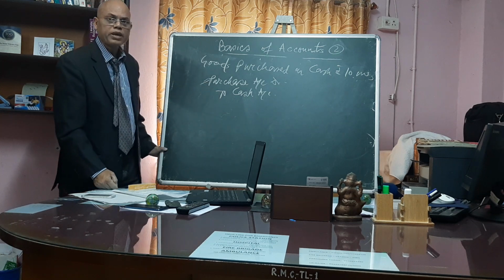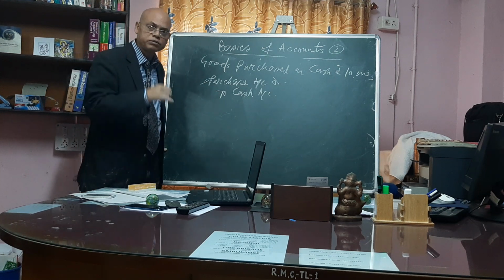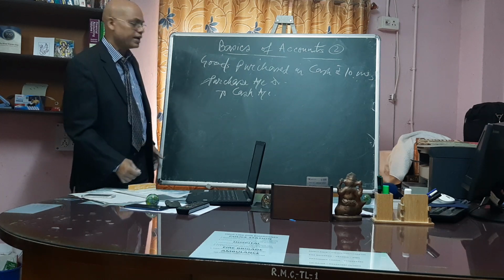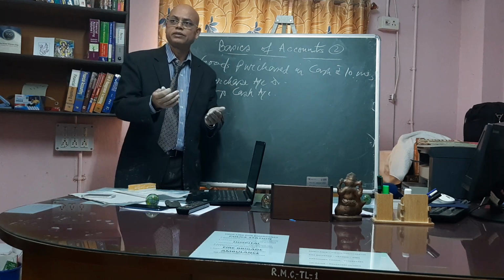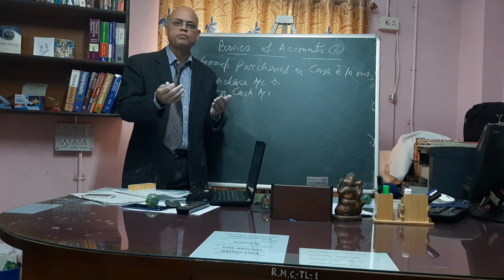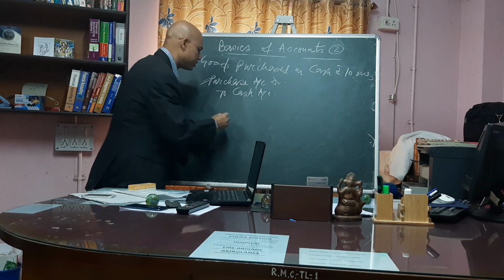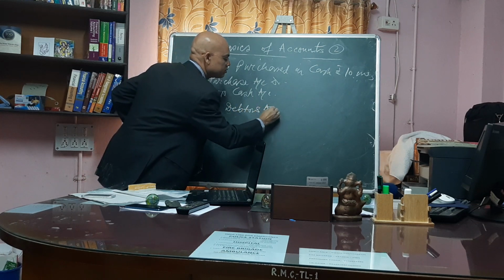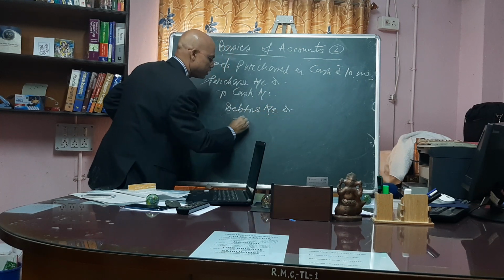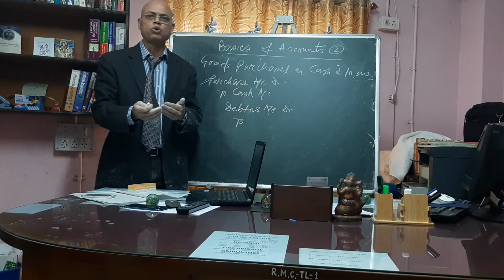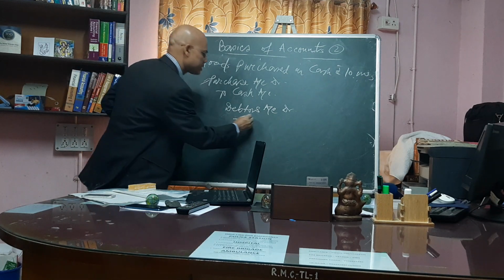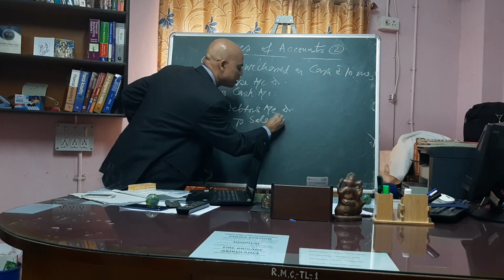Again, if the goods are sold on credit, then debtors balance is increasing, debtors' natural balance is debit, therefore debtors account debit. And when goods are sold, sales natural balance is credit, sales is increasing, therefore sales account credit.